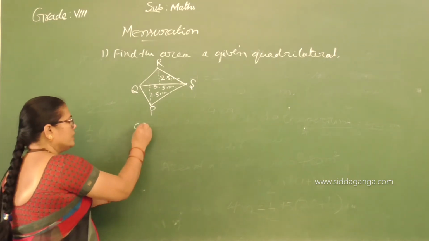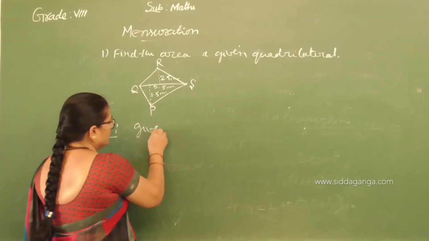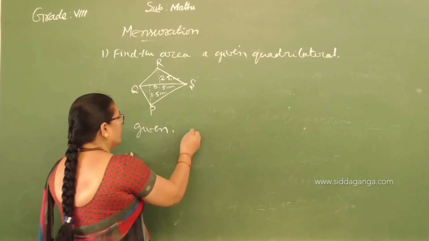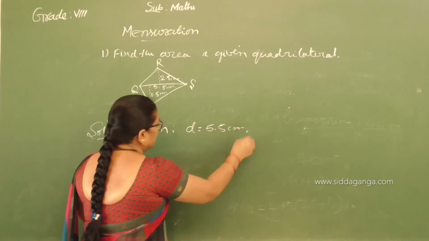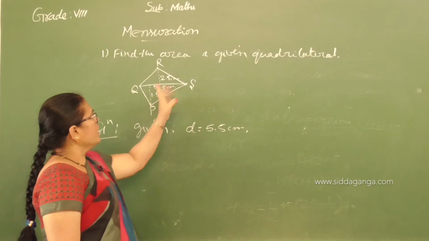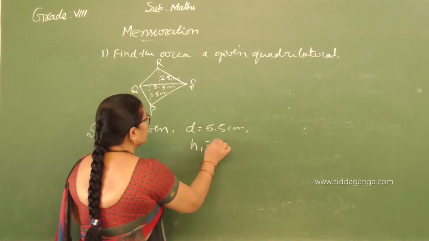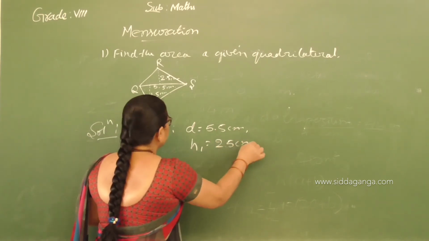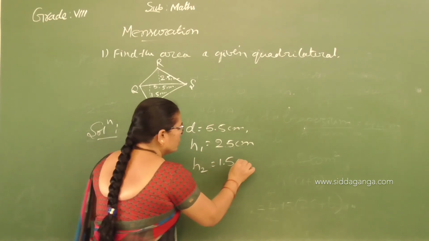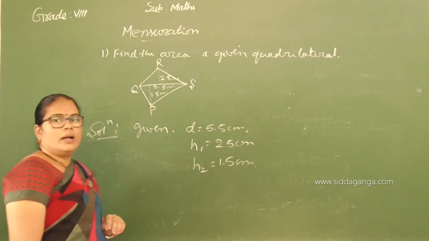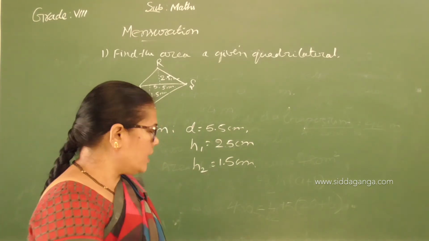Given, I will take the solution. First the given part: diagonal D is equal to 5.5 centimeter, height H1 is equal to 2.5 centimeter, and another height H2 is equal to 1.5 centimeter. What about the area of the quadrilateral?